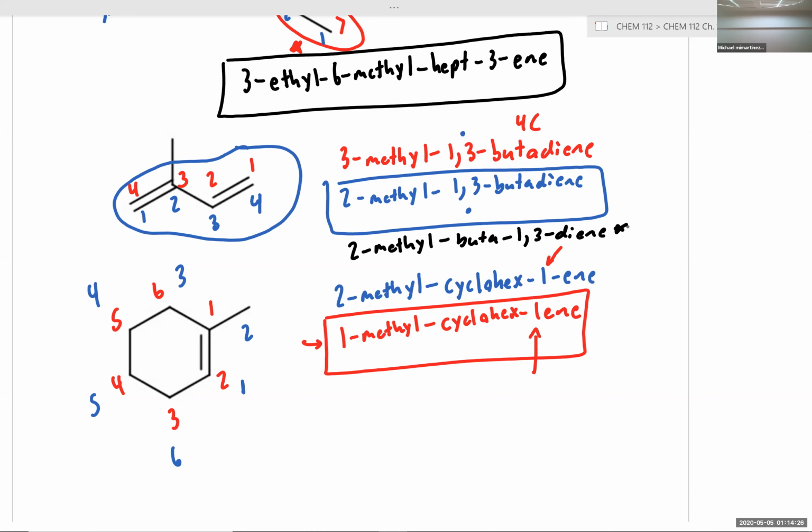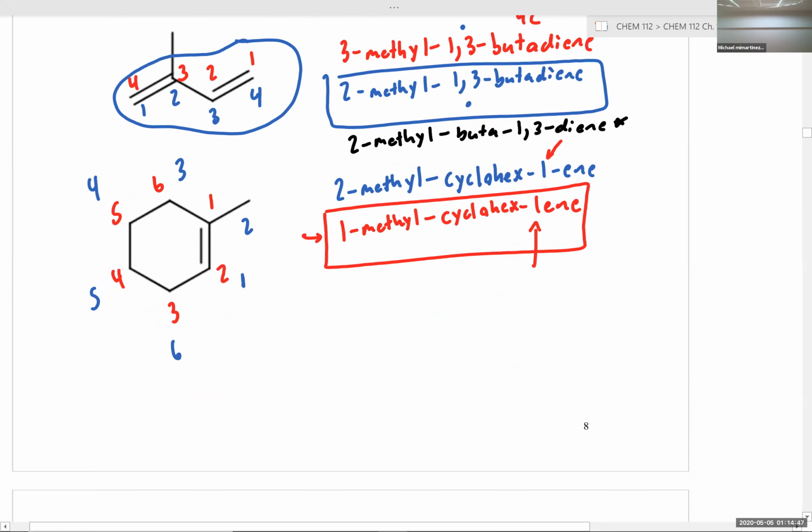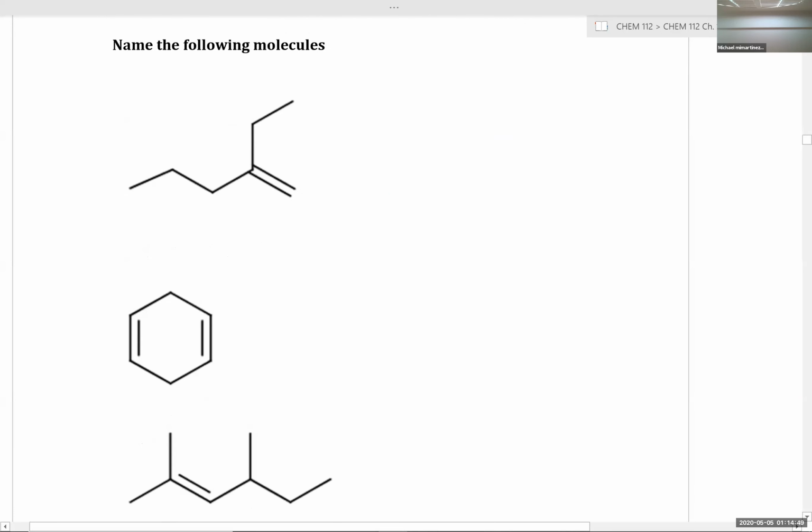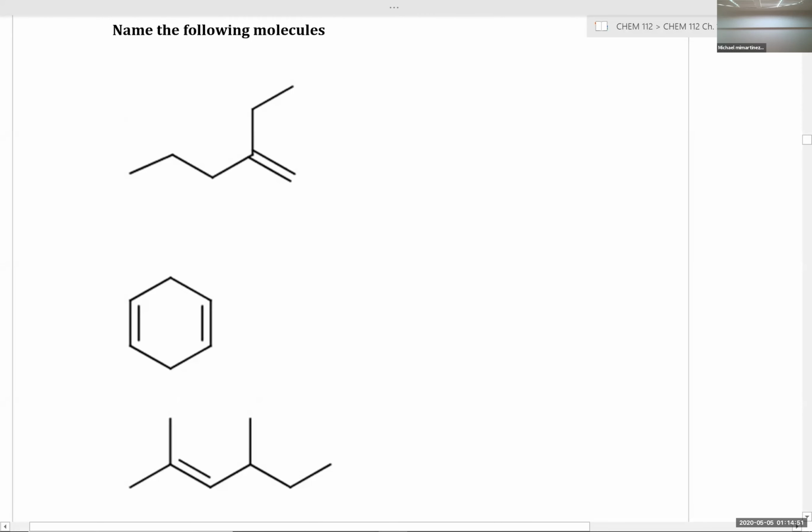Any other questions with regards to these naming examples before I let you loose to work on your own naming problems? Okay, if there aren't any other questions, I'm going to let you loose on the following 3 molecules.